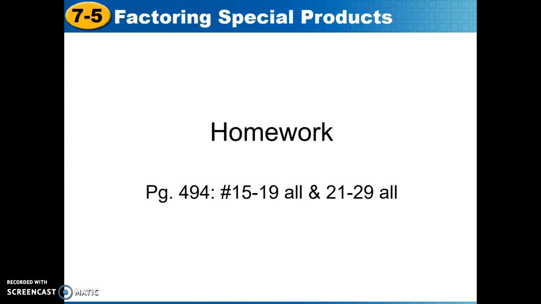Hang on to your paper because we'll probably either go through them next virtual lesson, or if you have any questions to refer to, you can look back at those. So your homework's on page 494. It's 15 to 19 all and 21 to 29 all.